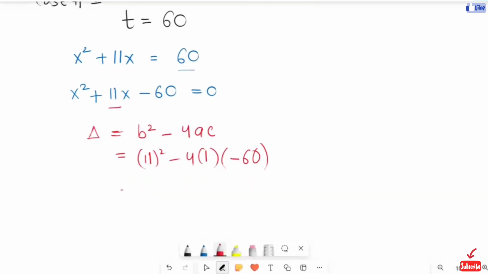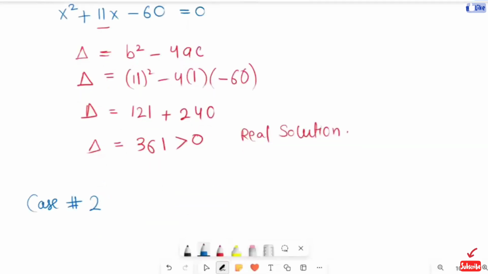So this gives 121 plus 240. So here I get 361. So the value of discriminant we find out is greater than 0. It means this quadratic equation has a real solution.